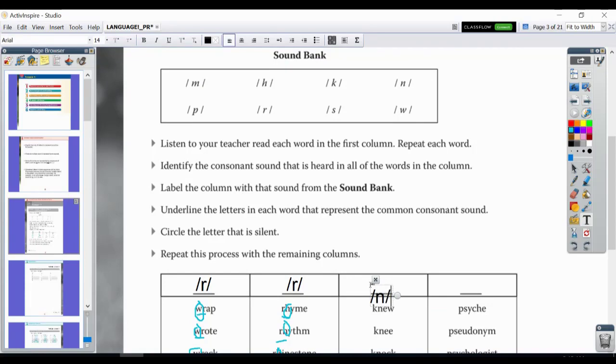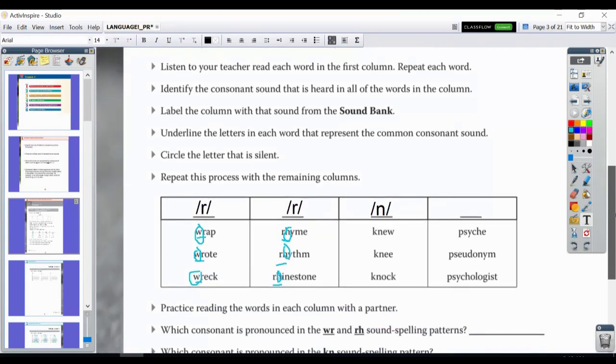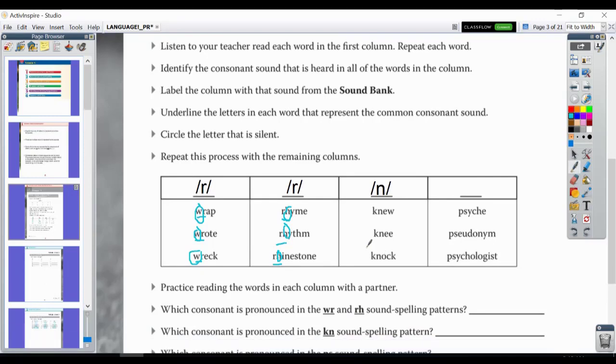Let's write N. Now let's underline the letters that they all have in common. KN, KN, KN. What letter, though, is silent? We would never say k-new or k-knee. So the K is silent, and we're going to circle that.